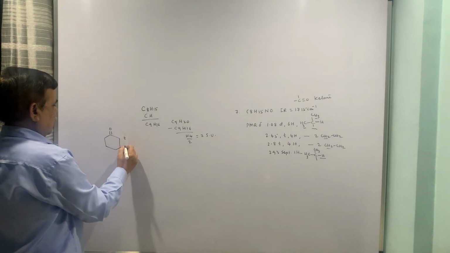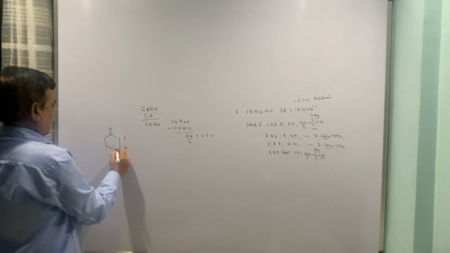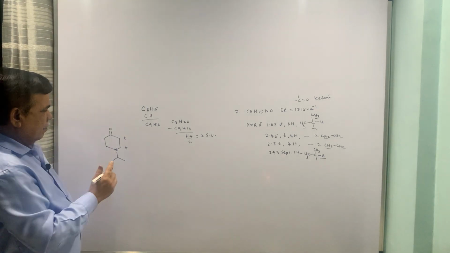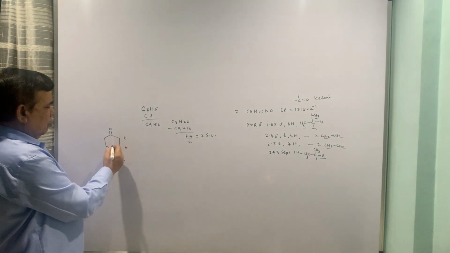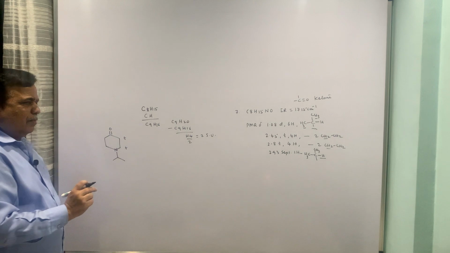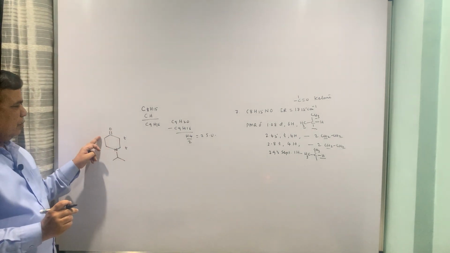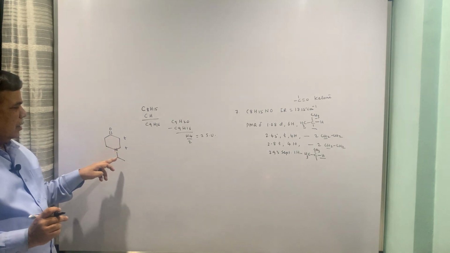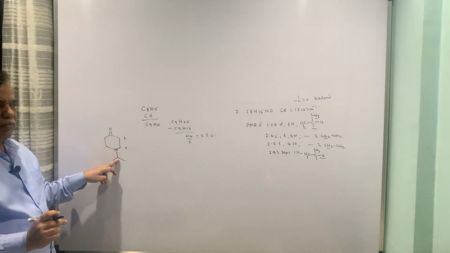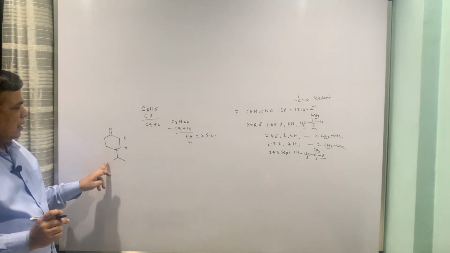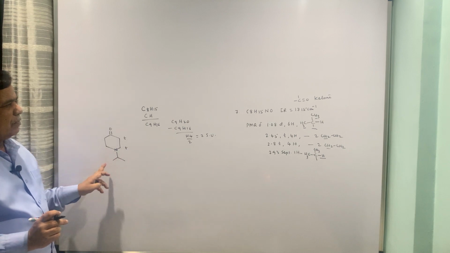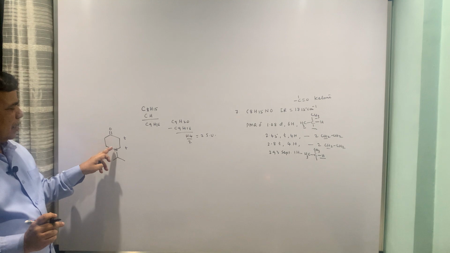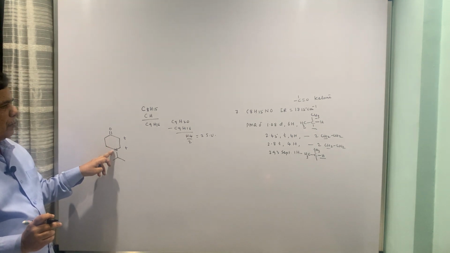So I am just putting the structure. This is the structure. These two CH2s are chemically equivalent, so they will couple with the next CH2 and they will give triplet. This is CH, what we are talking about for septet. These two are the methyls which are appearing at 1.08, slightly deshielded because they are also feeling the effect of nitrogen.